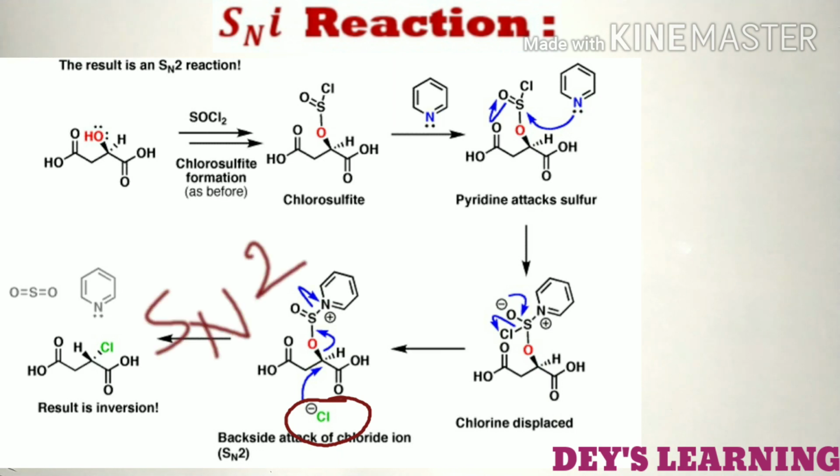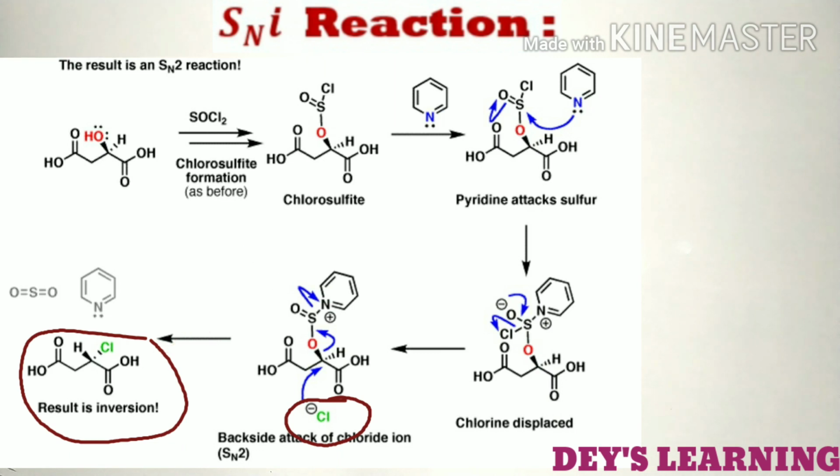So this is actually SN2 attack. So Cl minus ion attacks the substrate from the opposite face, from the opposite side of the leaving group. As a result of that, we get the inverted product. This is actually inversion of configuration. So this is actually an SN2 reaction.